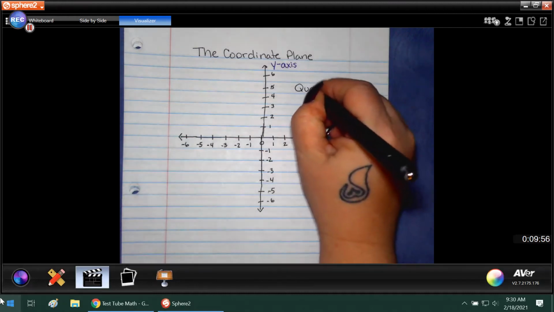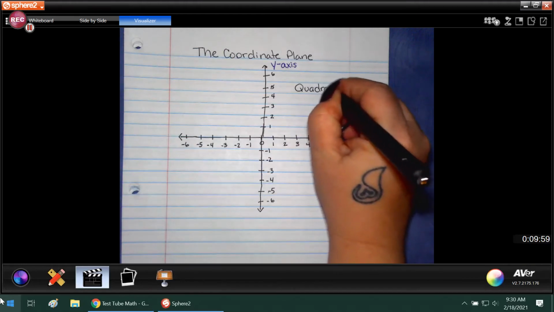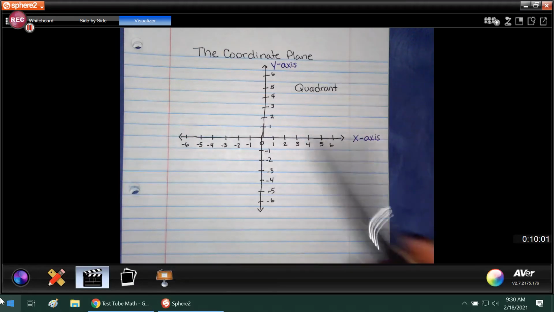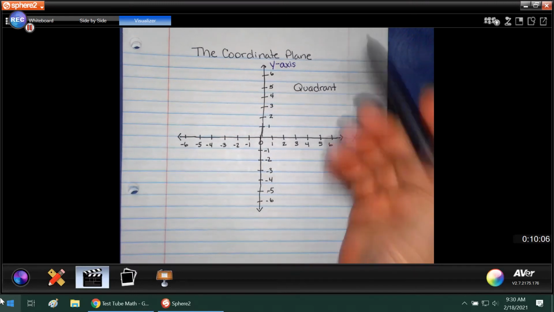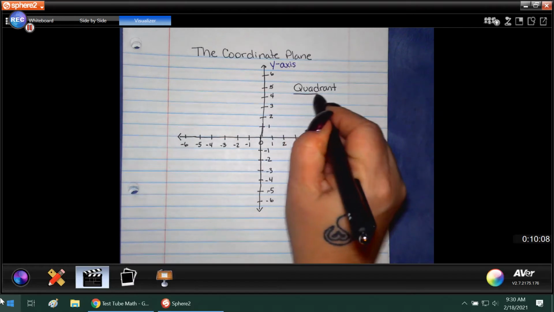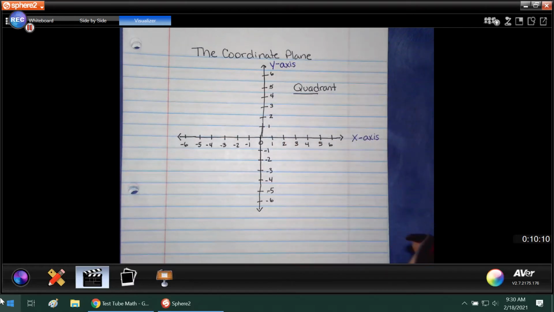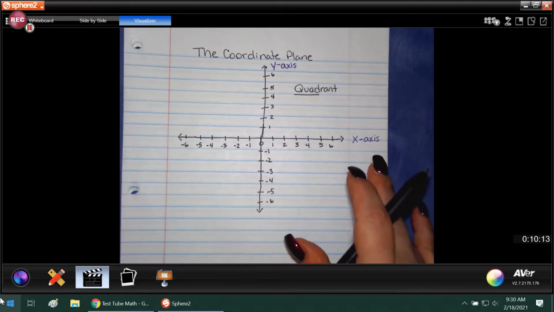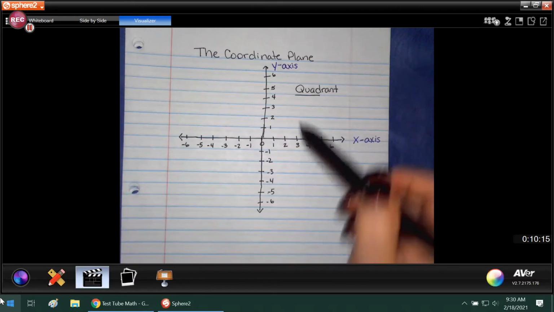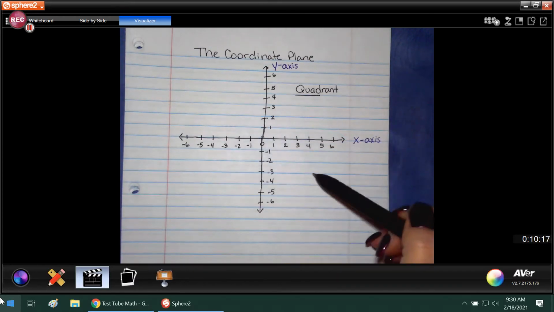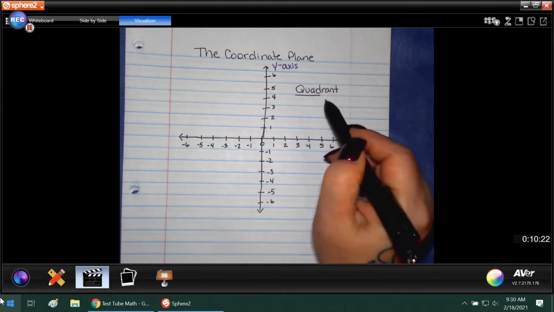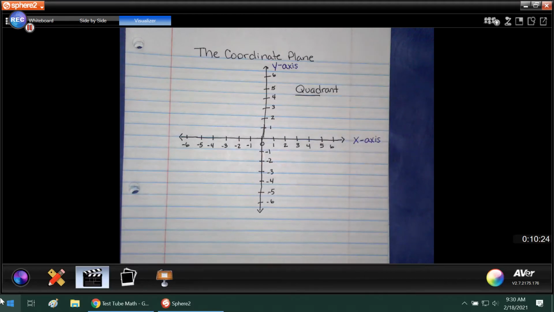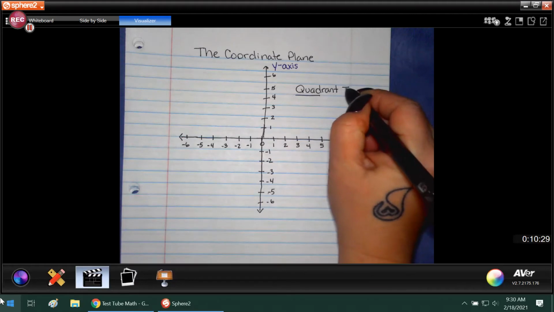Each of these sections are called quadrants. Notice that the root word is quad. Quad usually indicates the word 4. So we have 4 sections in our coordinate plane. So that's why that's signifying quad, 4. Okay? So this is quadrant 1.